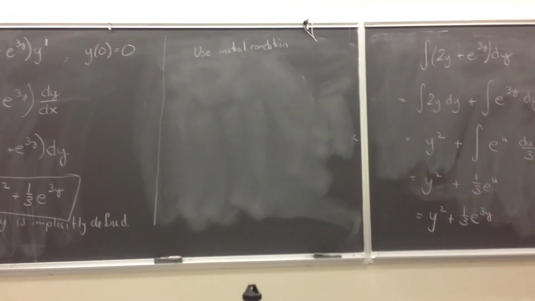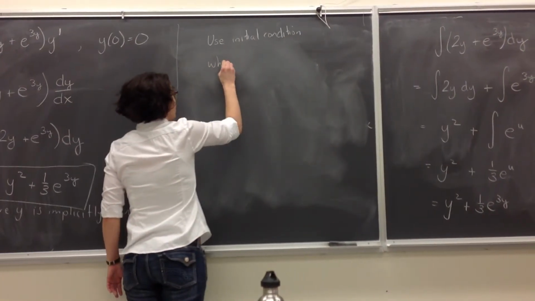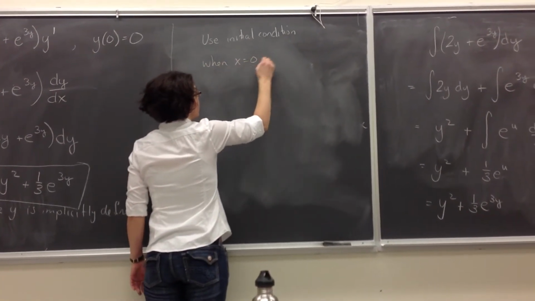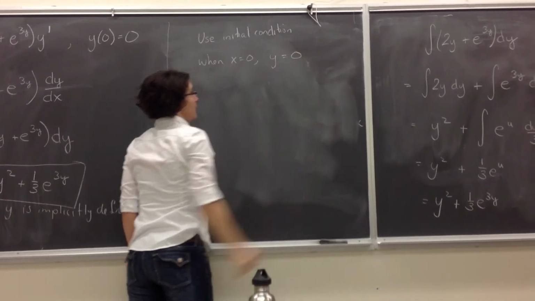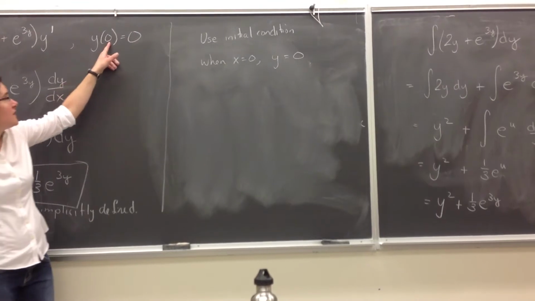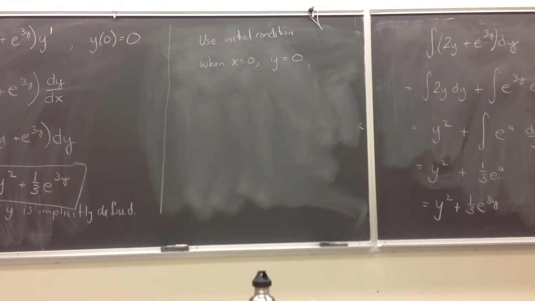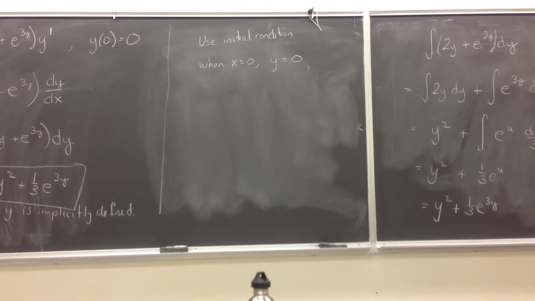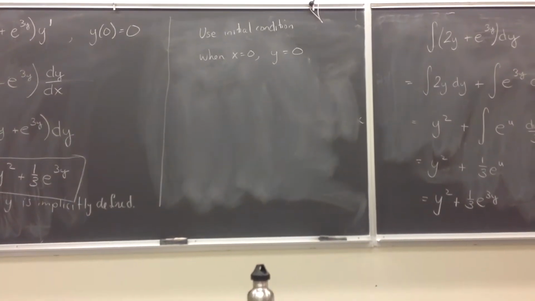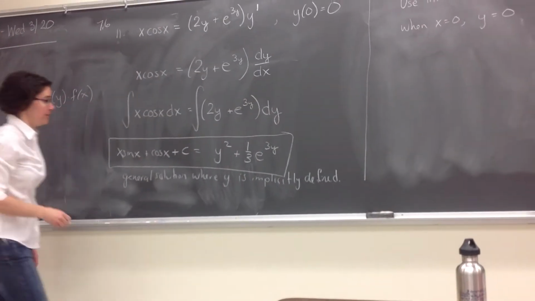Okay, so in order to use our initial condition, it says that when x is equal to 0, then y will also be equal to 0. So here's our x value, that's the one inside the parentheses, and the y value is the one on the right-hand side. And so we can plug 0 in for every x and every y and figure out what this c value should be for our specific initial condition.